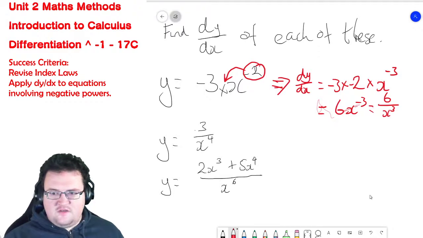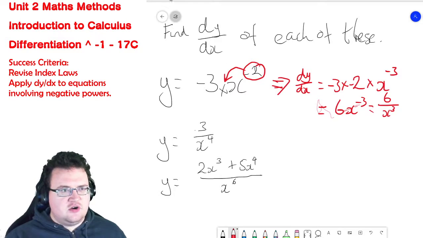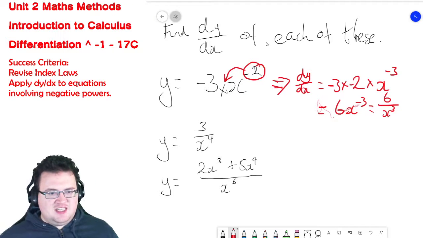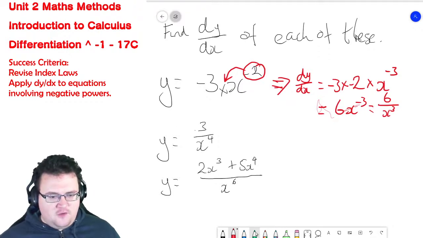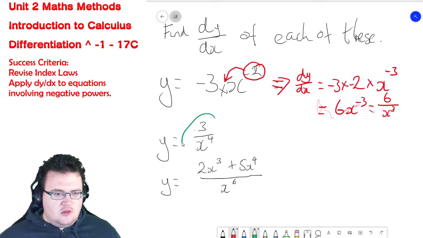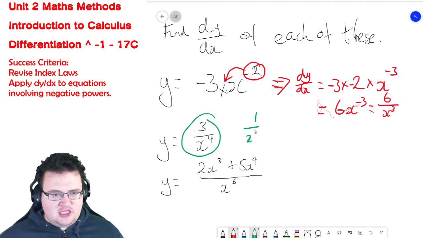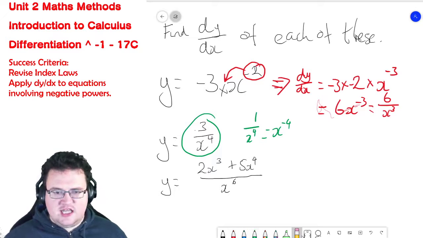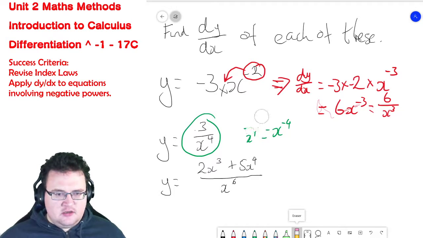Yep, inverse of x to the 4. That's what we want to do. So we want to turn this into index form, so that we recognize that 1 on x to the 4 is equal to x to the -4. So we recognize that.